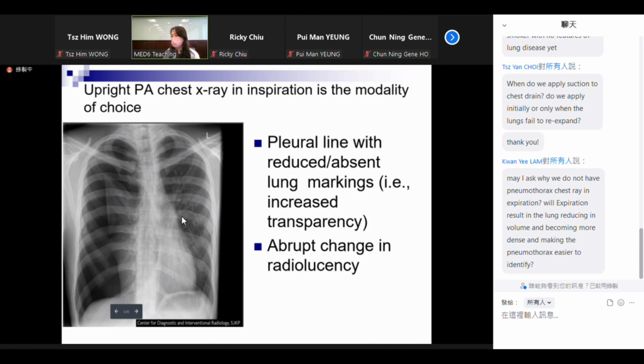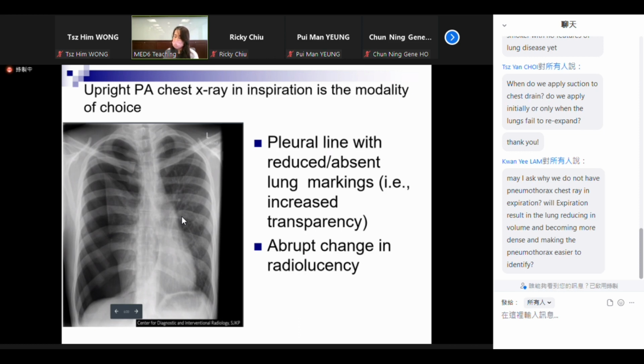I think you're asking about diagnosing pneumothorax on the chest X-ray. Yes, one of the maneuvers for increasing the sensitivity of diagnosing pneumothorax is that we do not just do an inspiratory film, we do an expiratory film.